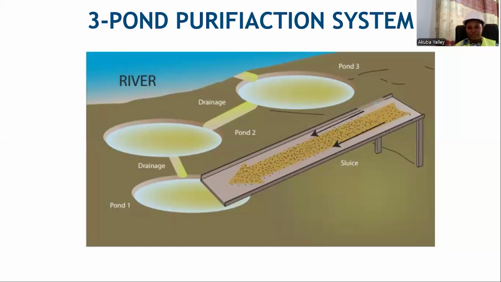That is, after some tests have been done to see that the pollutants are within acceptable limits. So this could be reused for agricultural purposes, could be used even for construction of dams in cases where there's scarcity of water in the communities. It could be used for fish farming, etc.